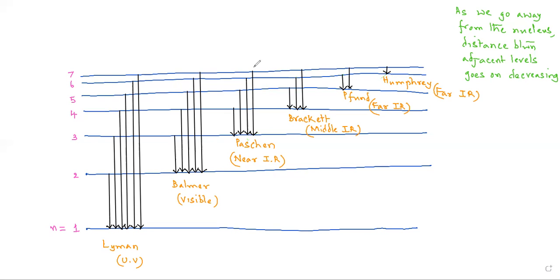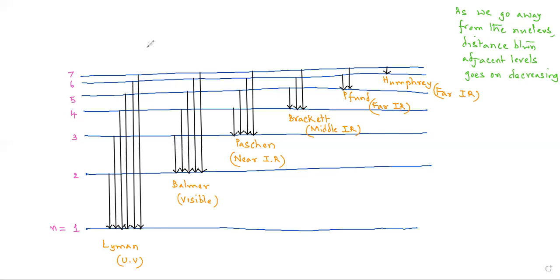Suppose there is an electron in 7th orbit. It has straight away come down to third orbit. So you get a line in Paschen. From third, it may straight away go down to first orbit. You get a line in Lyman, only 2 lines. So there are several possibilities for the excited electron to get de-excited.